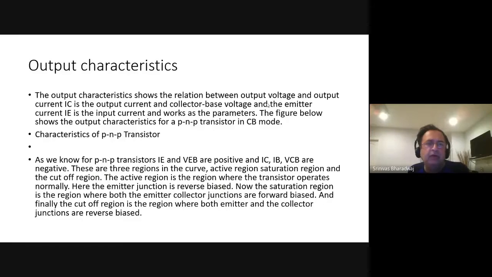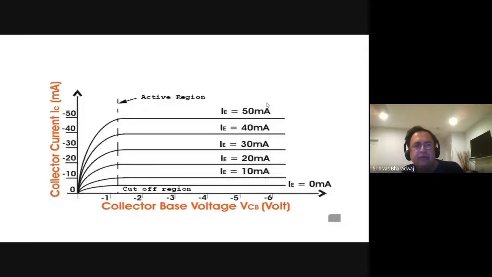Now the output characteristics show the relationship between the output voltage and the output current. In the common base situation, you have a very steady current, which is very different from the collector current versus the common base voltage.